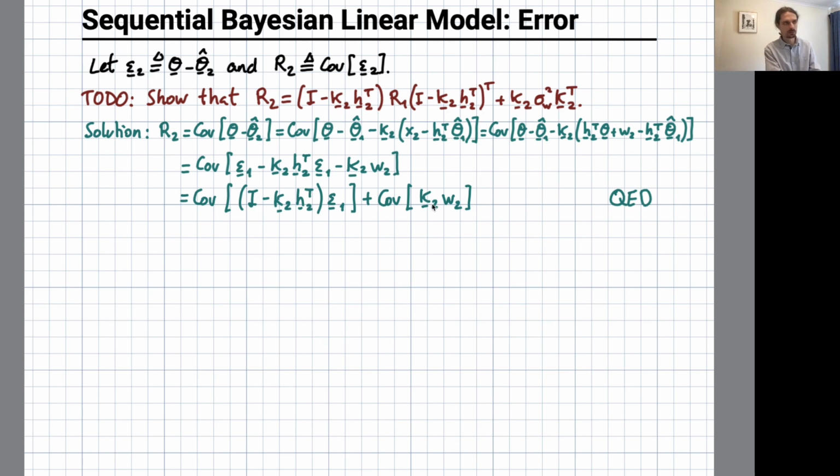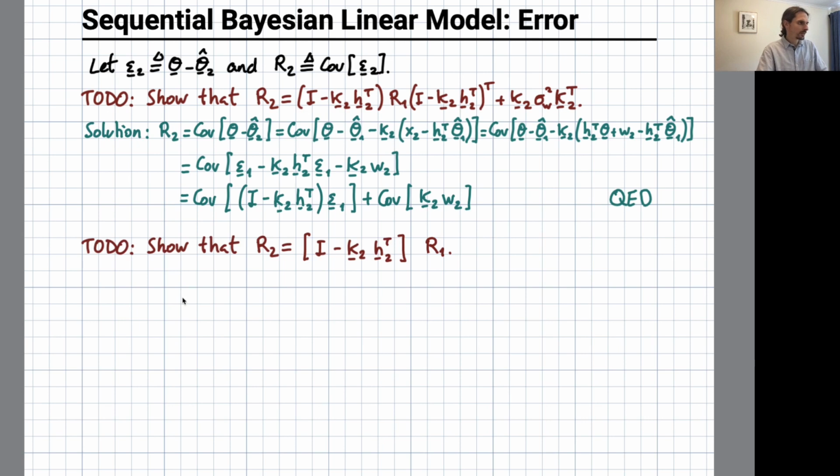So that wouldn't make sense. And finally, just by applying the properties of the covariance, we will arrive at this expression here. So now let us prove that this expression can be simplified in this way.